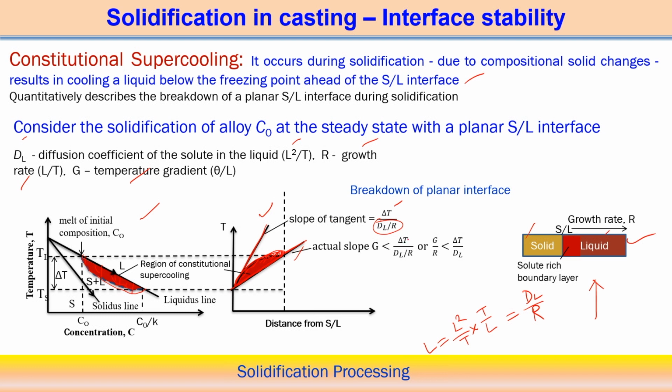So G is less than this, and we get the condition: G by R is less than delta T by D_L.